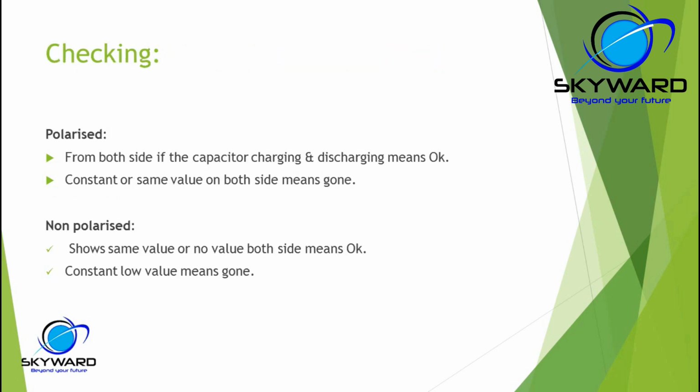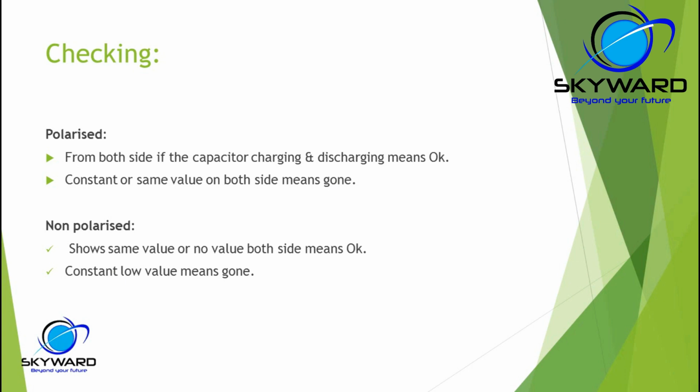So, checking. As we know, the work of a capacitor is to charge and discharge. Polarized ones are the big capacitors. In the multimeter, if you check, see what is written here. If the capacitor is charging and discharging from both sides, it means okay. Constant or same value on both sides means gone. If you put the multimeter probes on both sides of a polarized capacitor and the value is increasing, decreasing or changing, it means okay.